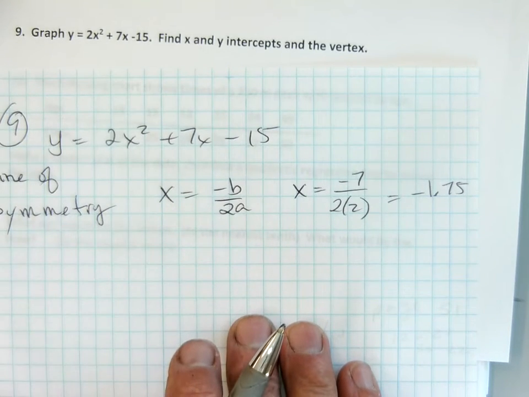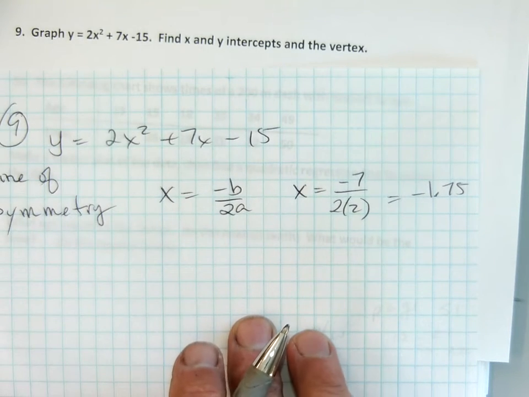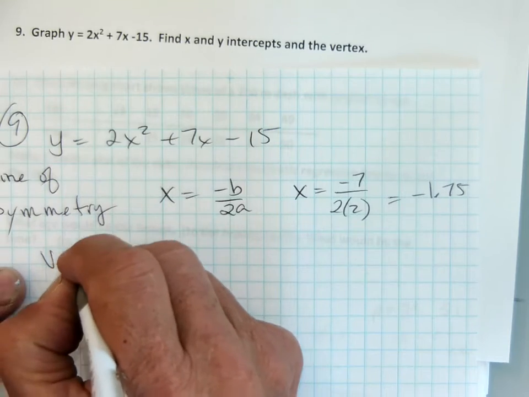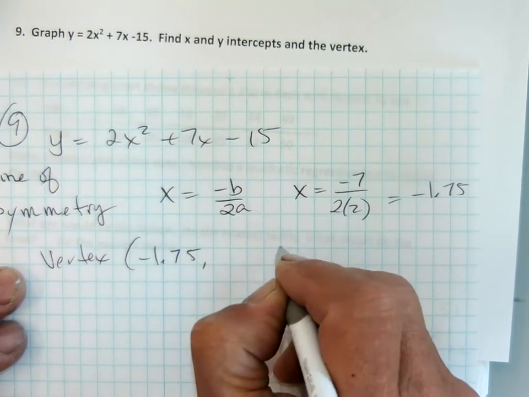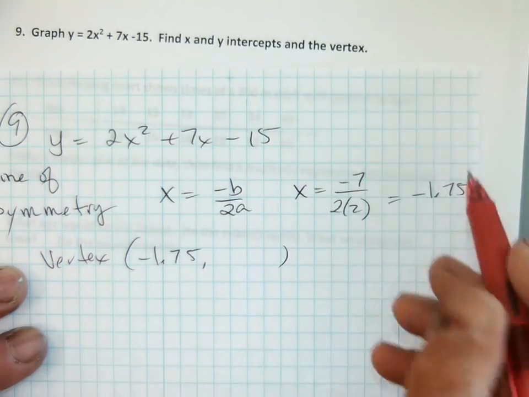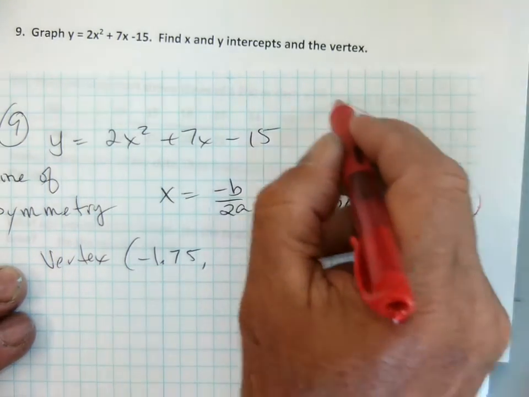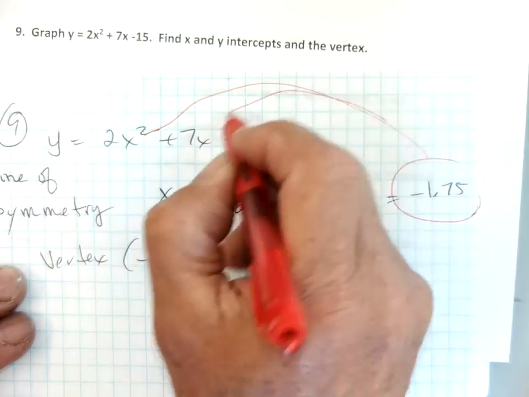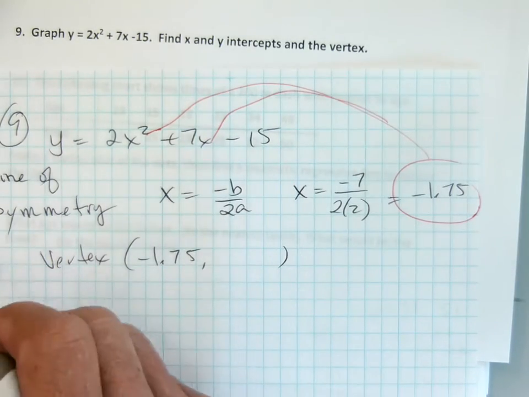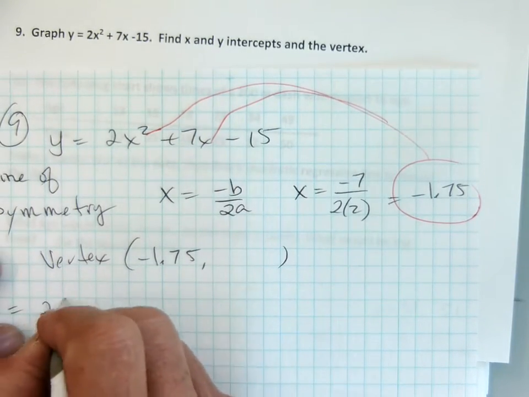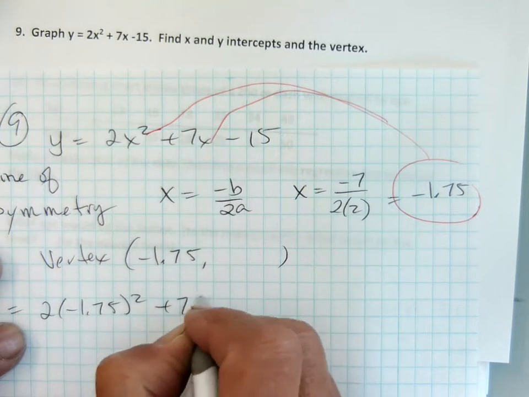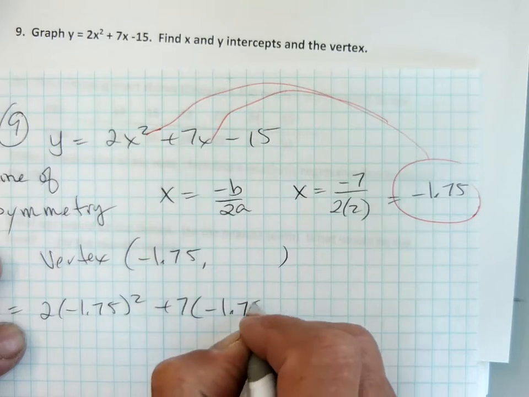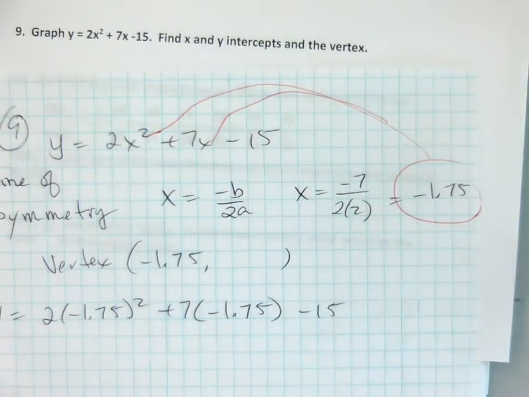So my vertex lies on the line of symmetry. To find the vertex, it is negative 1.75 something, so I'll plug the negative 1.75 in for x to get its corresponding y value. Y is equal to 2 times negative 1.75 squared plus 7 times negative 1.75 minus 15.